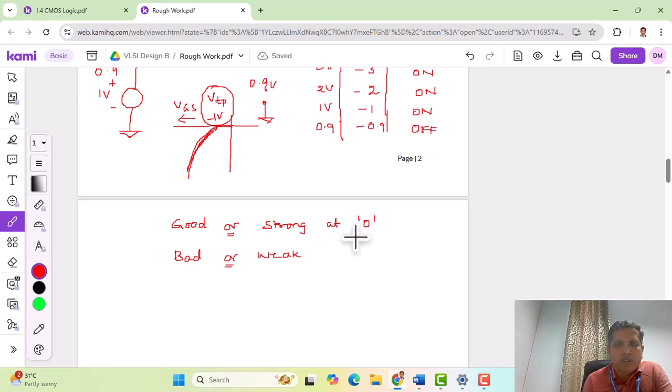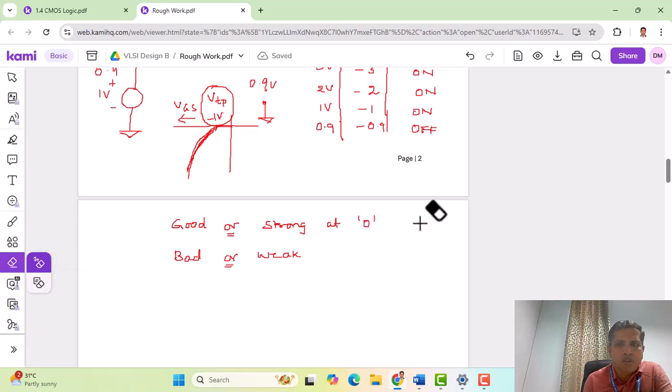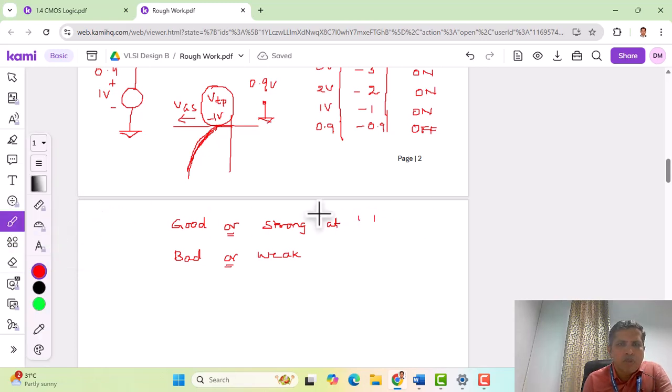Yeah, this is good at 5 volts here. This is my mistake, I'm sorry. So PMOS is good at logic 1, but bad or weak at logic 0. That means 5 volts can be passed efficiently from source to drain, but instead of having 0 volts, we get 1 volt minimum here. So this shows that it is bad at logic 0.